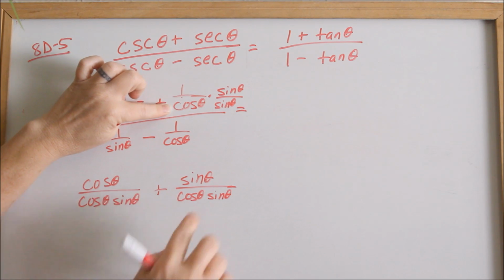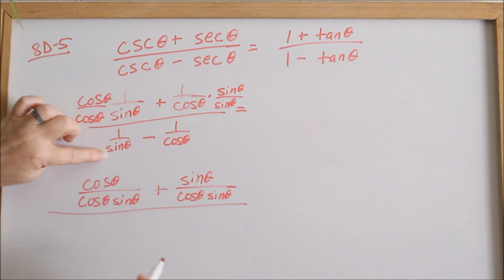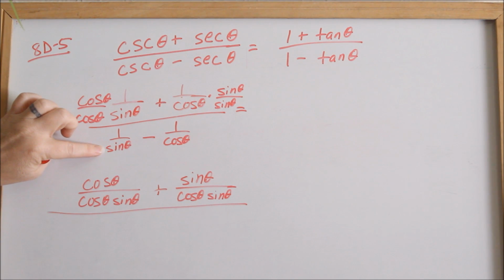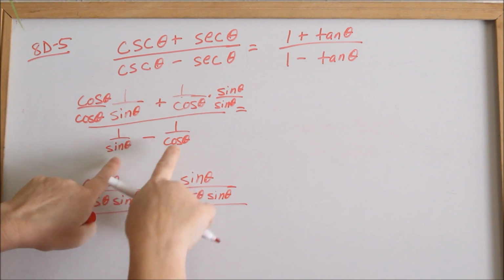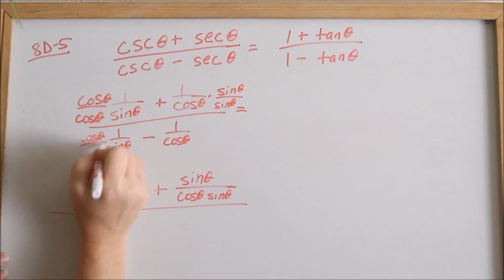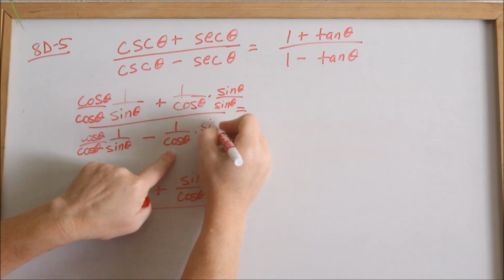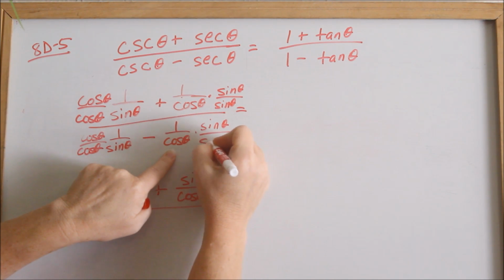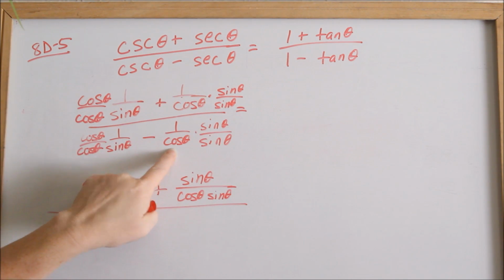So I now have a common denominator. Okay, now let's do the bottom. Okay, subtracting fractions. I have to have a common denominator. Multiplying these two together to get my common denominator, which means this one needs to have a cosine multiplied to it. This one needs to have a sine multiplied to it. It's the same process of making common denominators, except we're using trig functions.